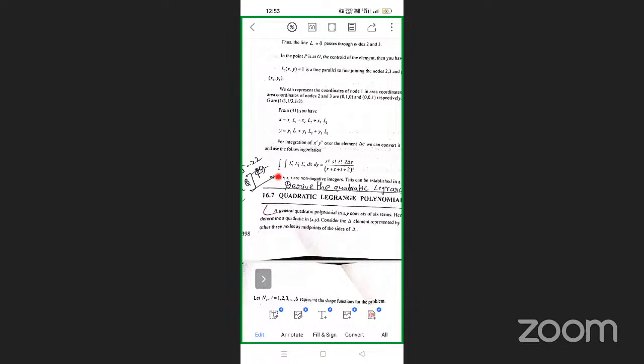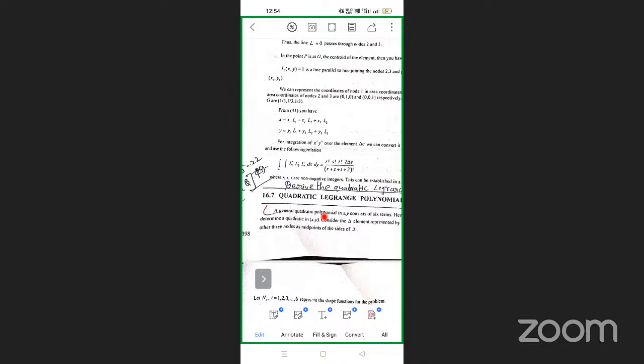The double integration of L1 to the power r, L2 to the power s, L3 to the power t, dx dy is equal to r factorial s factorial t factorial times 2 times the determinant of A divided by (r plus s plus t plus 2) factorial. So this is the final answer.